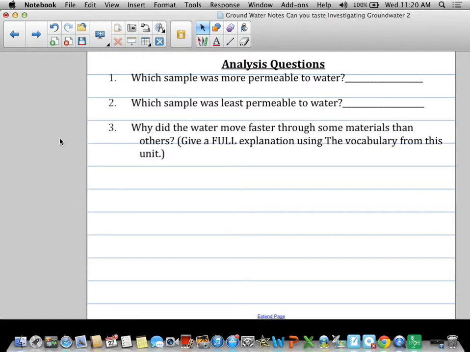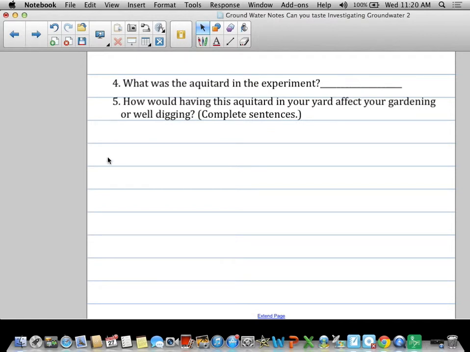Why did the water move faster through some materials than others? And again, you're going to give a full explanation using your vocabulary from this unit. I'm going to stop you for a second because I'm going to give you time to answer this. In addition to that, you're then going to move on to questions 4 and 5. This is your homework, but you have time to work on it in class.